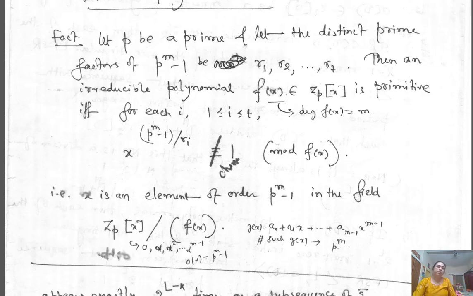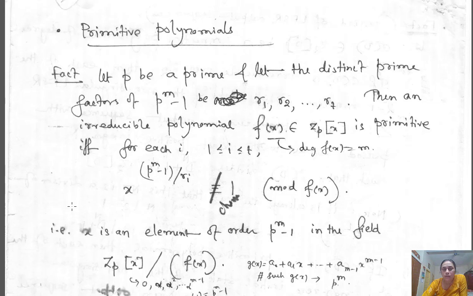If you remember what we mean by order, the order of an element x modulo f(x) is k, the least positive integer such that x to the power k is congruent to 1 modulo f(x).